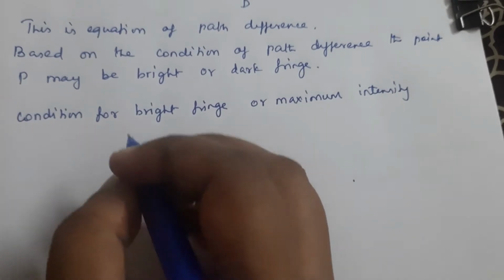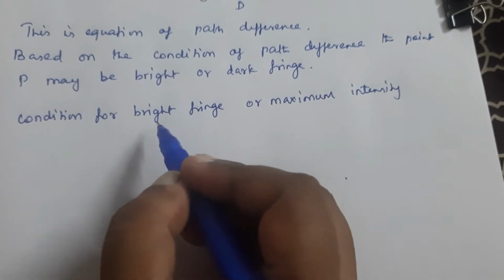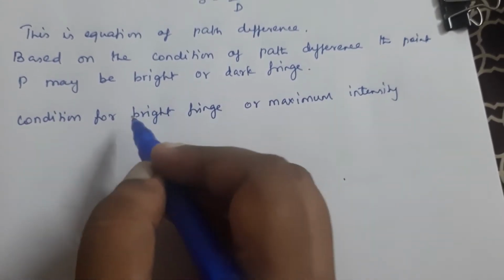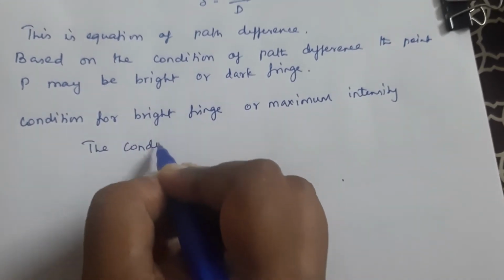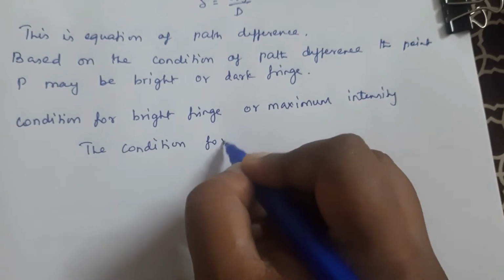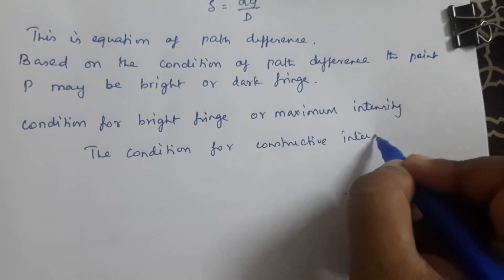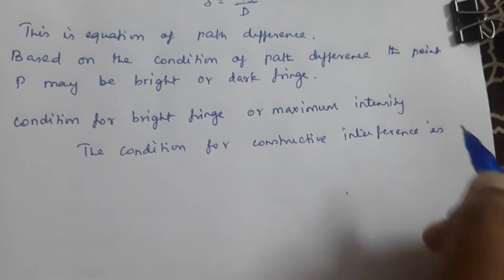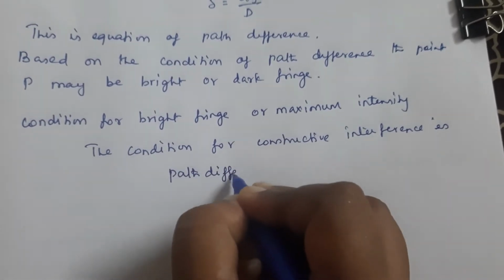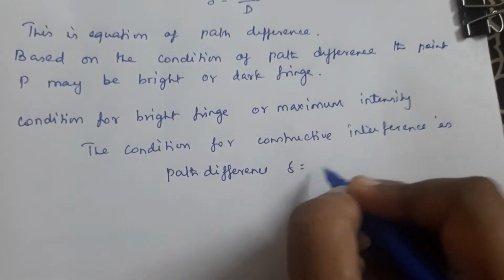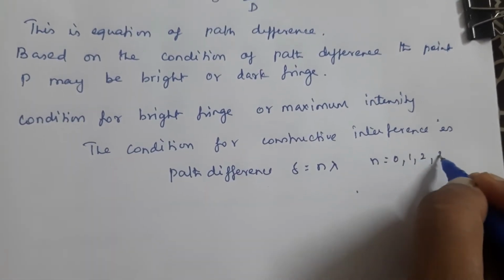If it is to be a bright fringe, then constructive interference should take place. So the condition for constructive interference is path difference delta is equal to n lambda, where n is equal to 0, 1, 2, 3, etc.